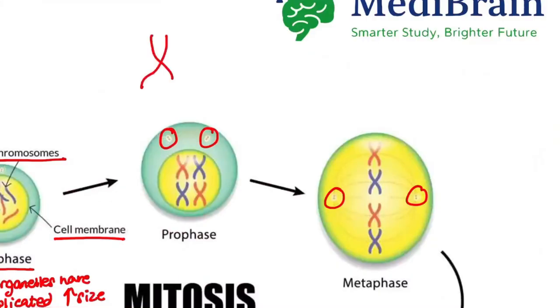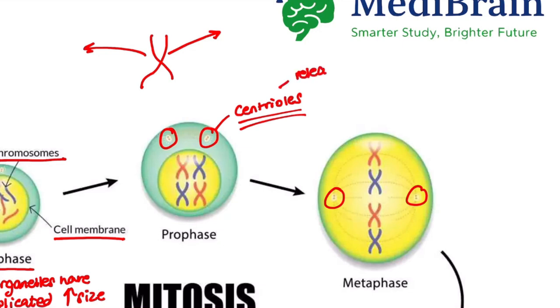What happens during mitosis is that these X chromosomes are separated. So this will move to one end, this will move to the other end. The 2 single chromosomes are separated from each other and pulled to either end. And that work is done by the centrioles. Okay, these centrioles release spindle fibers.